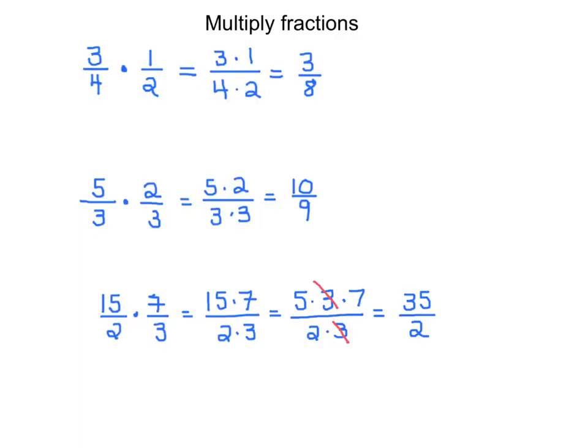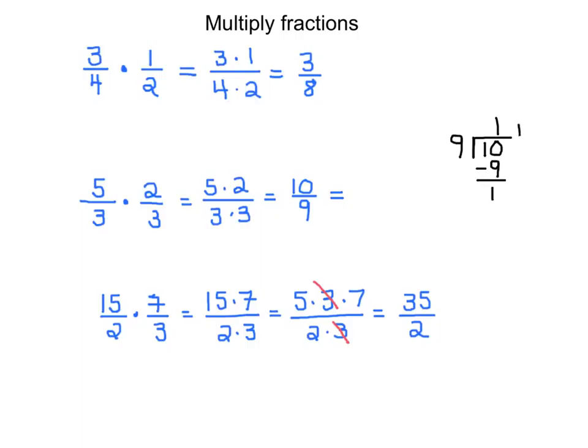Now let's take a look at our results here. In our first multiplication, we end up with 3/8, which is a fraction. In our second multiplication, when we find the product of these two fractions, we end up with 10 over 9, which is an improper fraction. Well, we can simplify this further by doing the division, because I know that 9 goes into 10 once, and 10 minus 9 is 1.